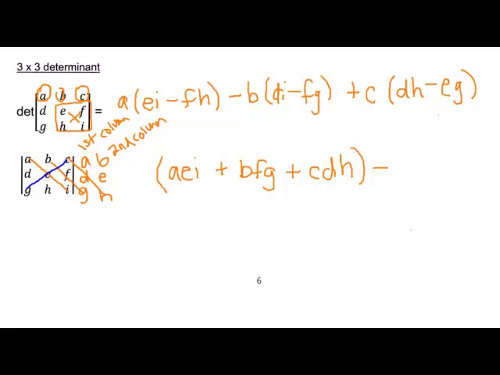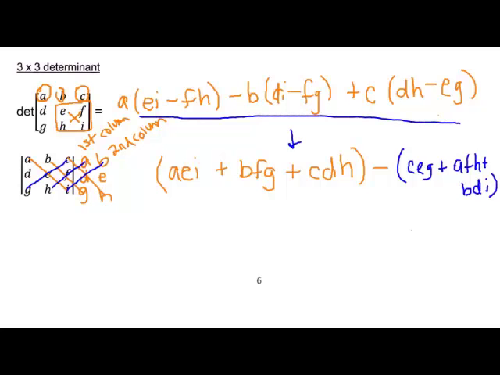So C times E times G plus A times F times H plus B times D times I. And again, that will get us to the determinant as well. And if we use the distributive property in this equation here, we'll end up with this second equation that we talked about.